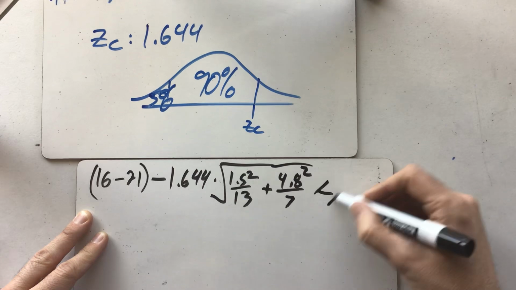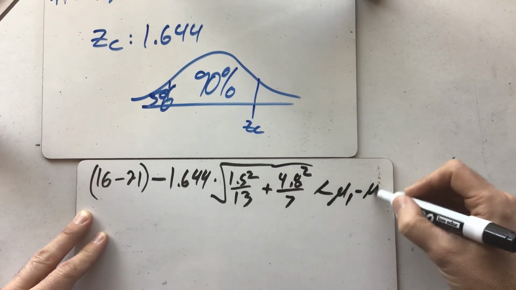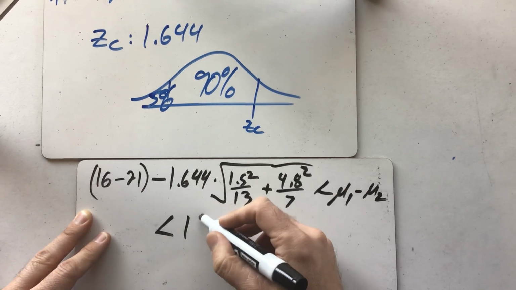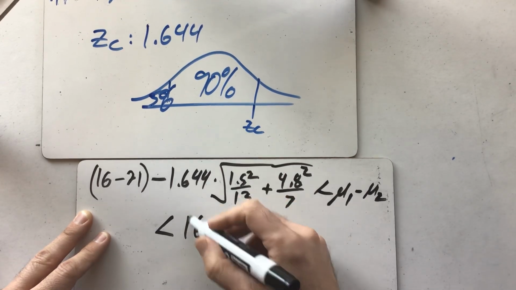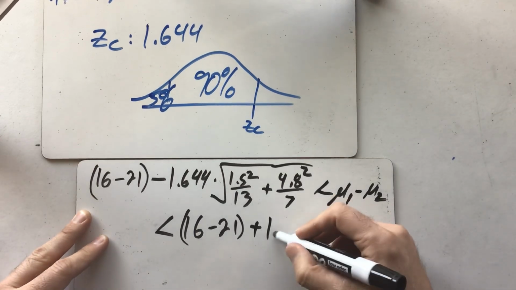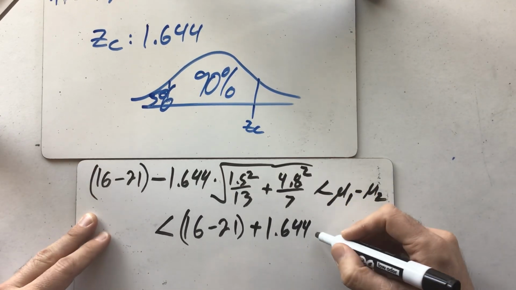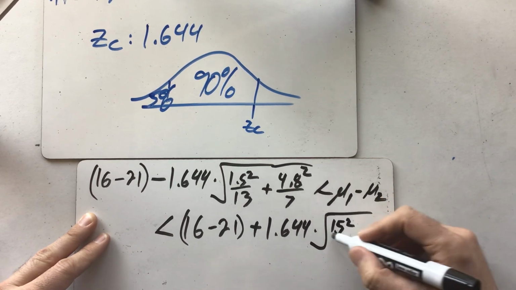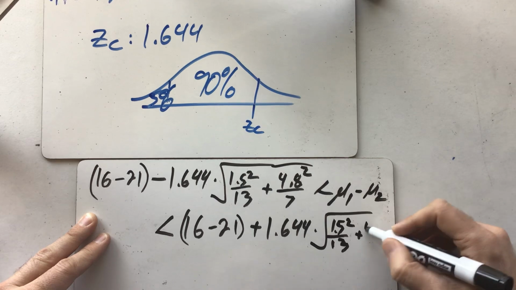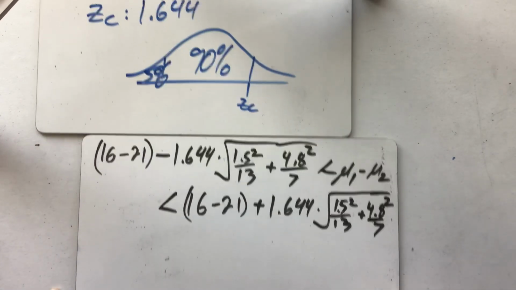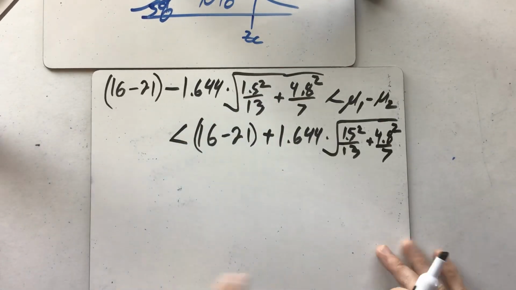And this is less than mu1 minus mu2, and this is less than, and then I'll type the whole thing again, 16 minus 21, except I'll have a plus sign here instead of a minus sign, plus 1.644 times the square root of 1.5 squared over 13 plus 4.8 squared over 7. Okay, so there are those. That's what we got for all of our results.